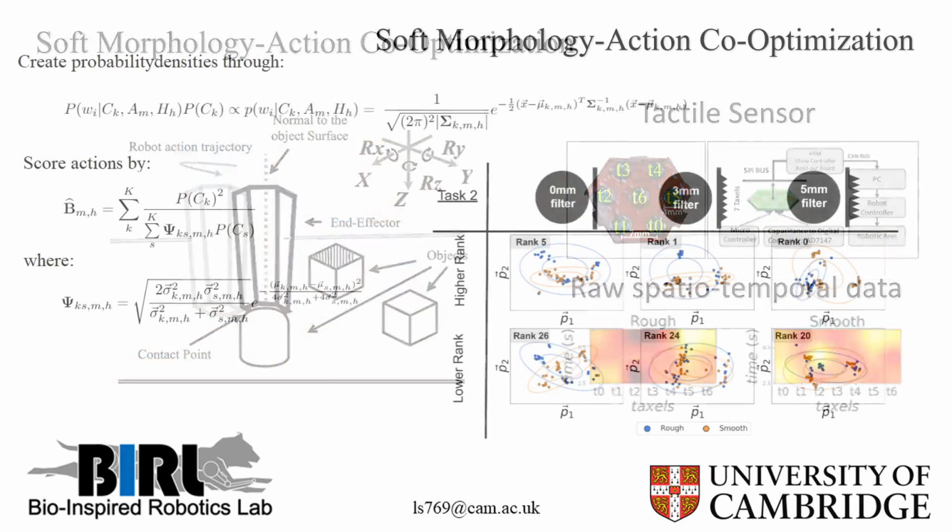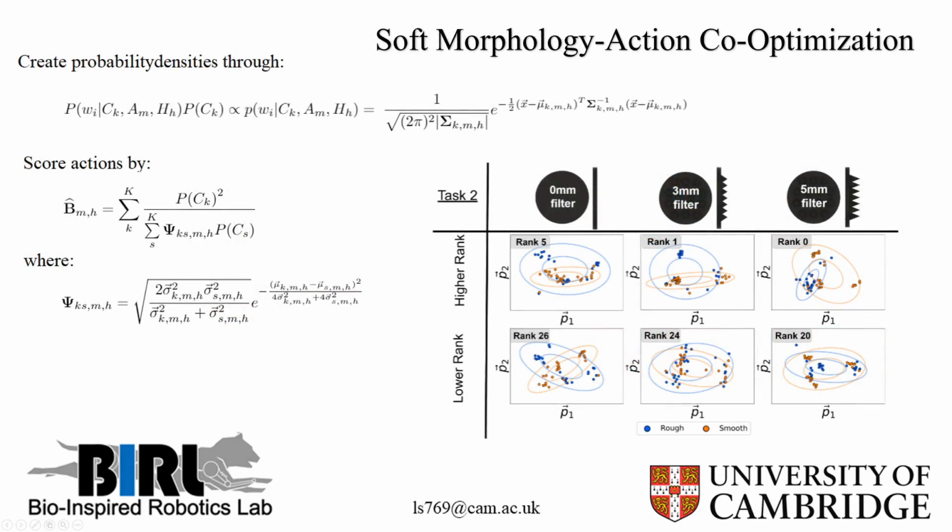What happens when you do that is that you can create probability density functions by coupling every action and morphology together.